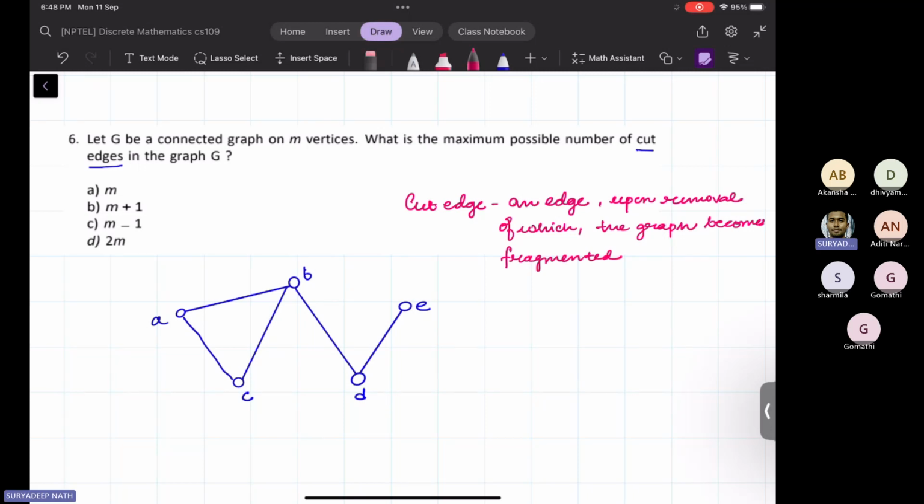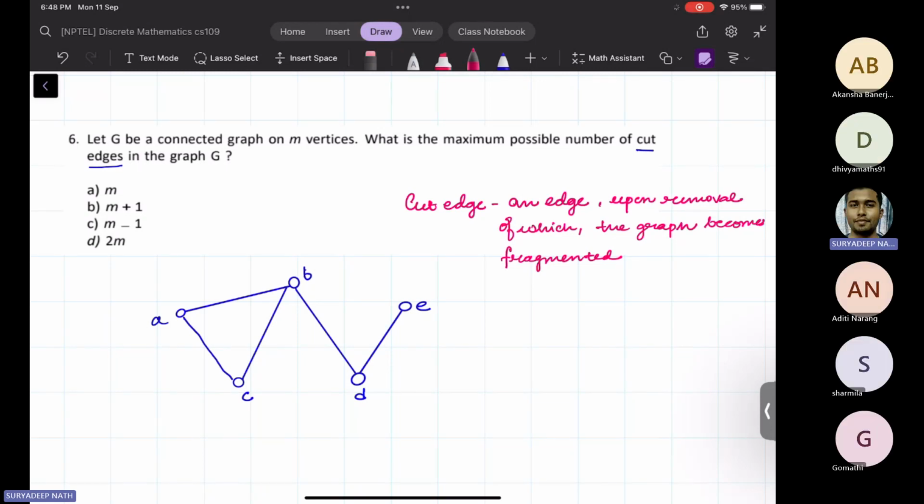So in this figure, can anyone say what is the cut edge in this? What do you think if I remove this AB edge? Let's say I remove this, the graph is still connected, therefore that is not a cut edge. Now if I remove this, the graph is still connected.